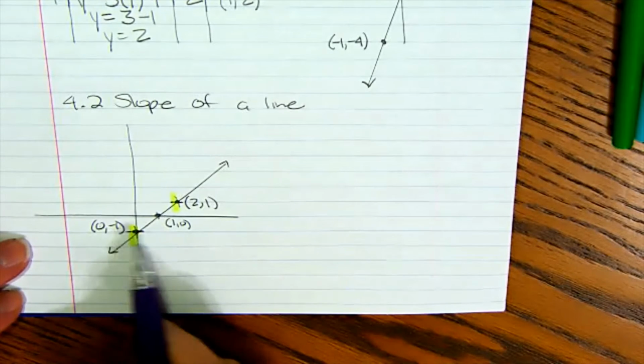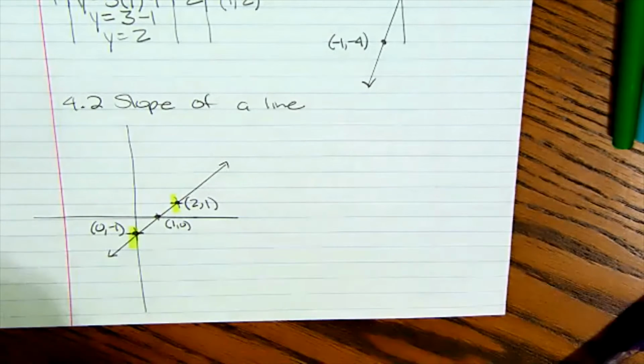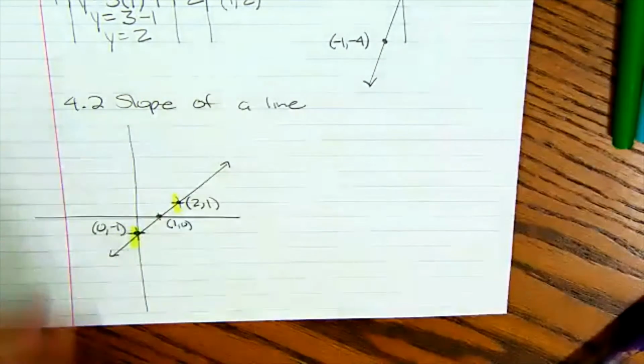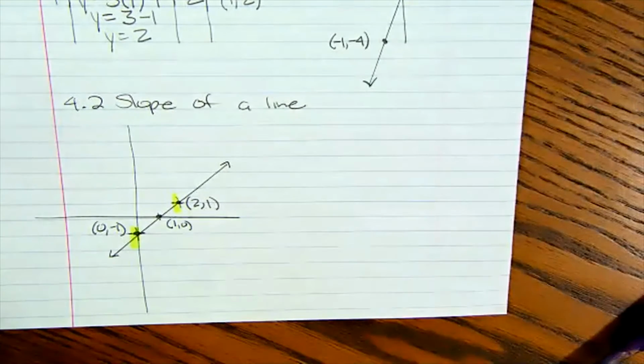So we're dealing with whole numbers only. We're not dealing with fractions and we're not dealing with decimals. It doesn't matter which 2 clean points you use. You just need 2 clean points where you're not dealing with fractions and decimals.